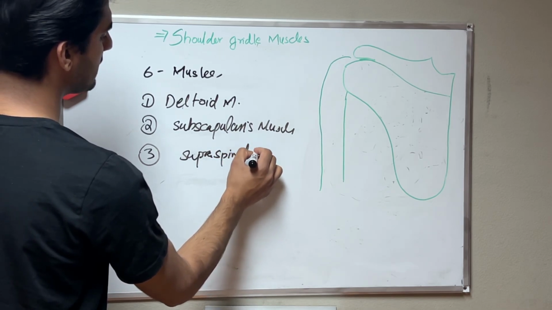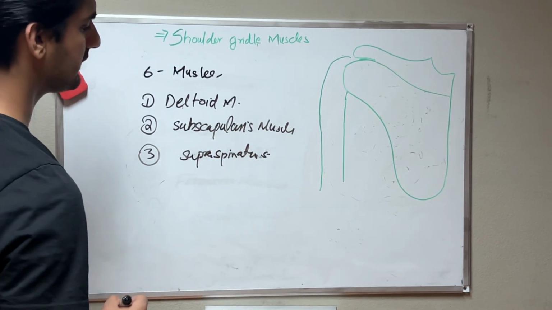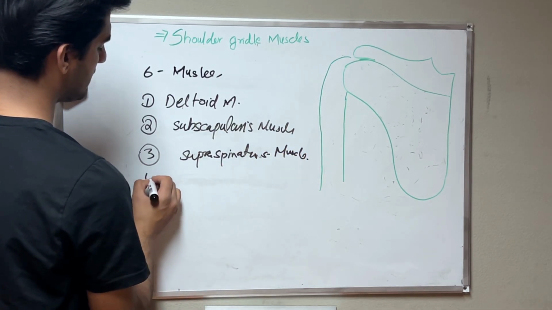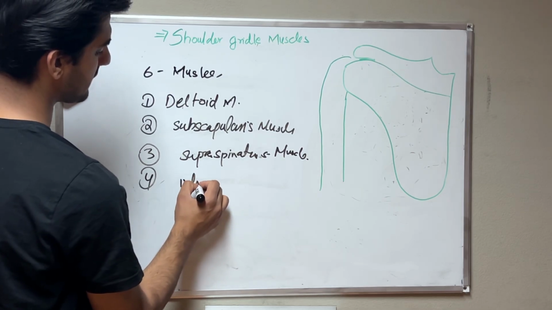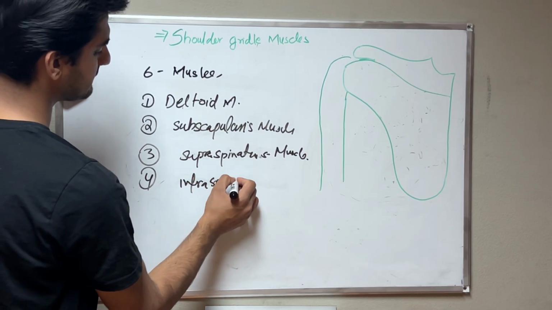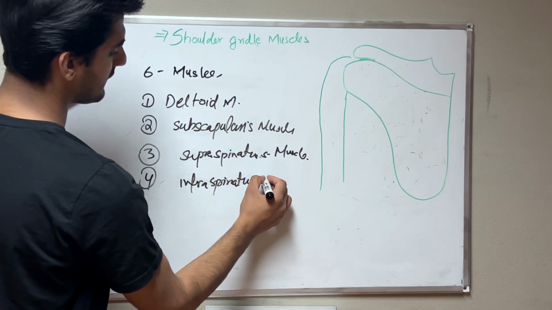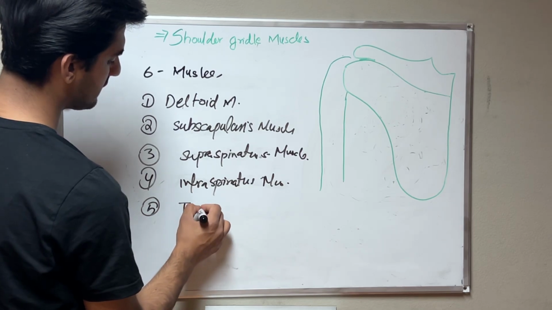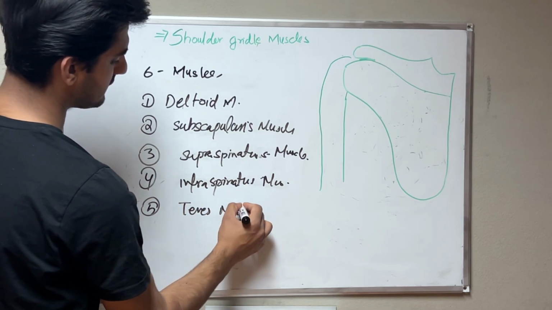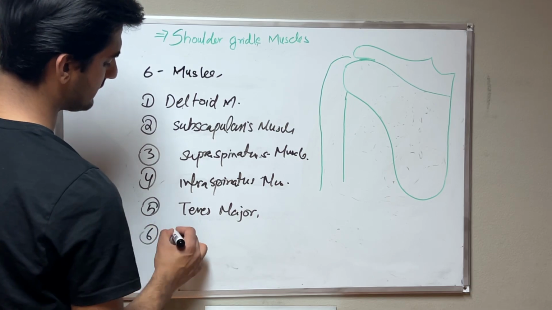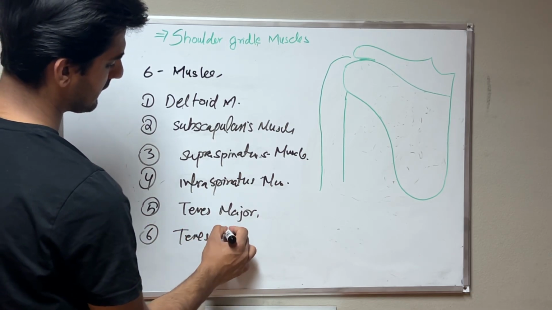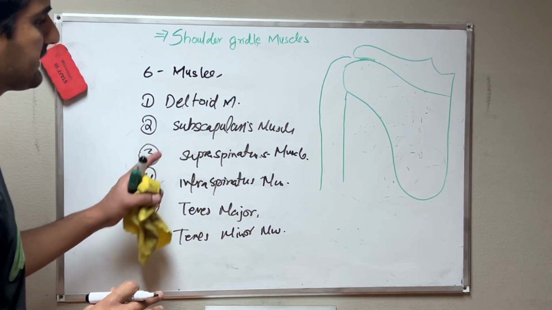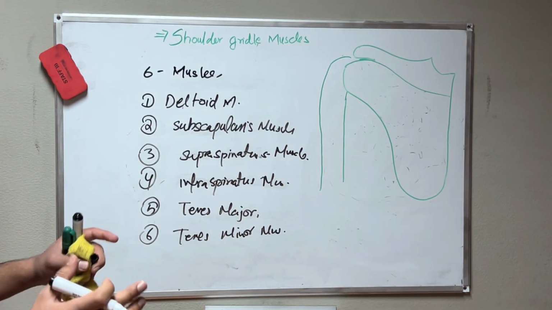If you remember, the supraspinatus fossa is in the scapula bone. Fourth we have the infraspinatus fossa, infraspinatus muscle, and fifth we have teres major and teres minor muscle. Now we are going to discuss each muscle of the shoulder girdle: origin, insertion, and function.